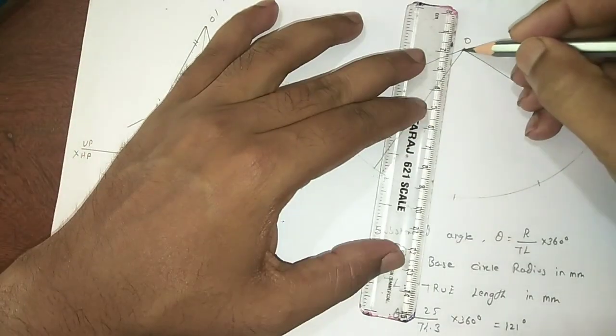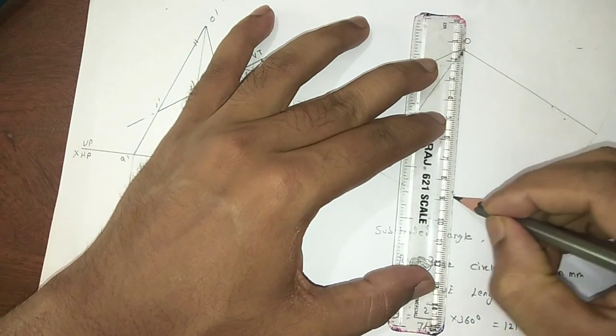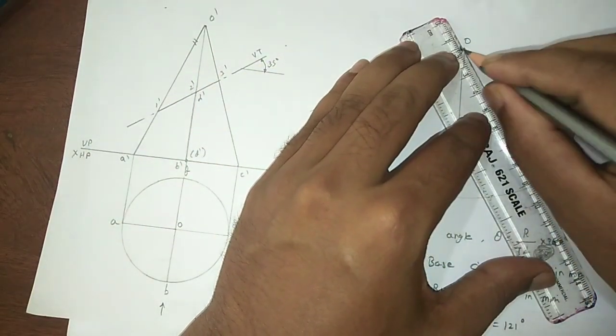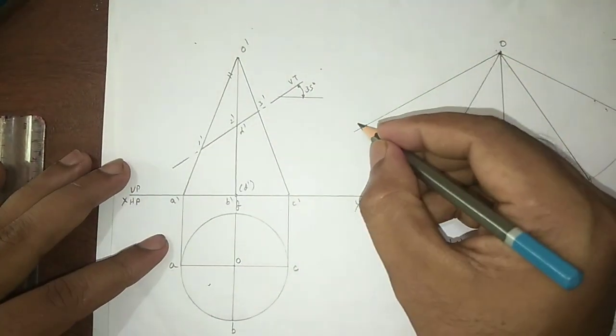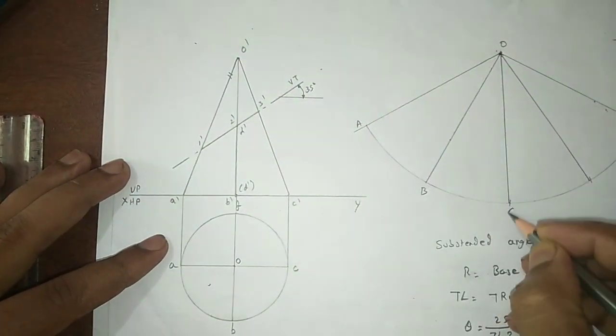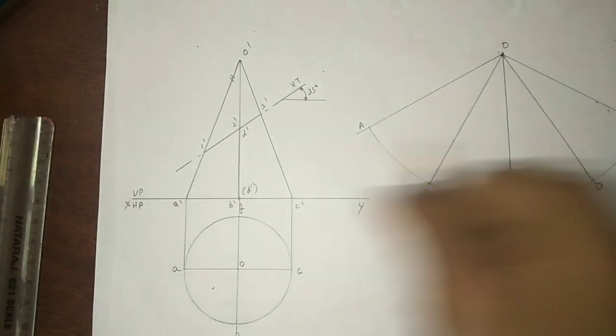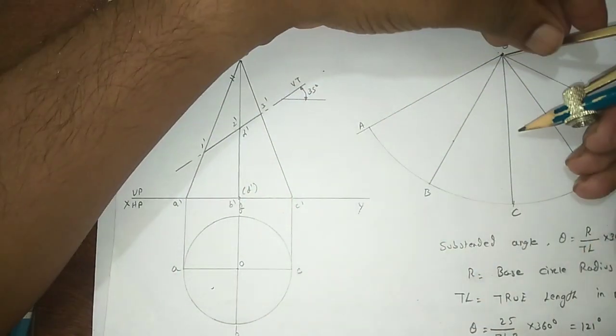And now connect all the points to the apex point. And the bottom, the name is A, B, C, D, and again A. It's a cone.